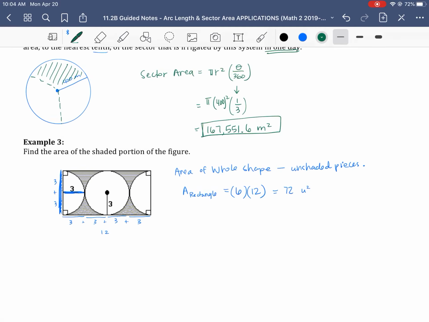So notice we have a full circle on the inside, and we want to subtract out that. But notice on the outside you have half a circle on the right and you have half a circle on the left. So really that would make a full circle. And then you have a full circle in the middle. So really you're just subtracting out 2 of those circles.